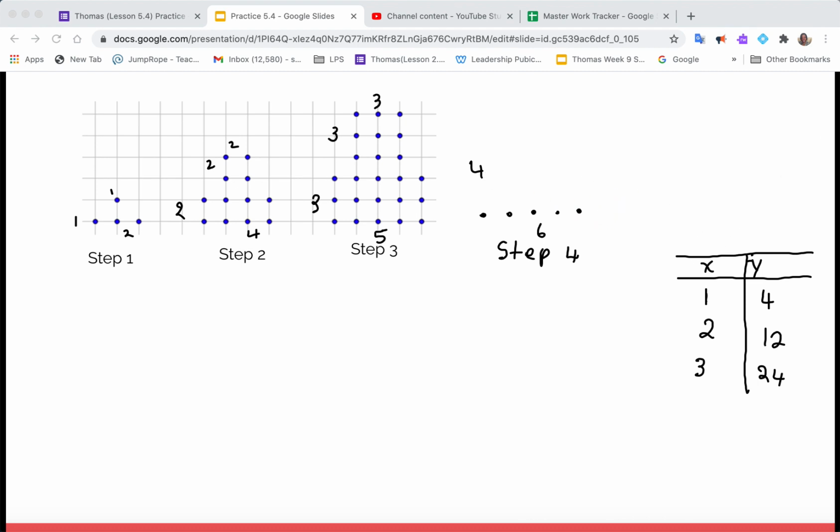I'm going to just move this right here. 1, 2, 3, 4, 5, 6, and we're going to do 4 rows of that, and then I should have a 4 by 4.